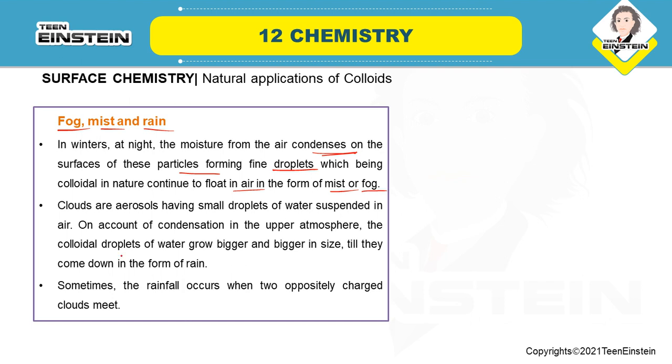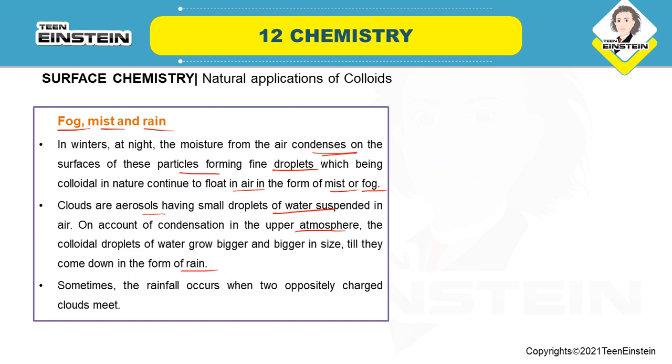Now next, if we consider clouds, we are basically discussing rain, but how does rain occur? Clouds are aerosol, so there will be presence of small droplets of water suspended in air. Now when clouds are condensed in the upper atmosphere when temperature is low, then these colloidal droplets will combine with each other. They will increase in size, bigger and bigger, and ultimately because of gravity it will come down in the form of rain.